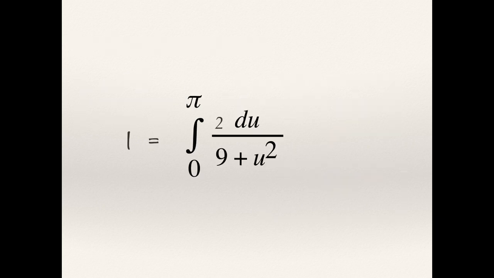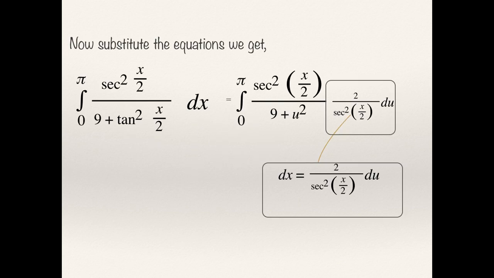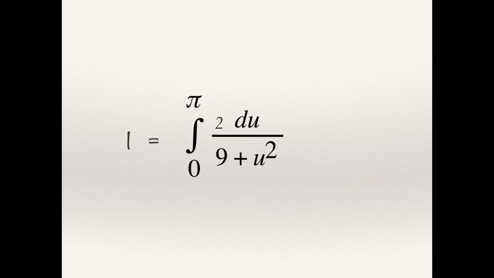After substituting each value, and substituting dx as 2 by sec square x by 2 du, sec square x by 2 and sec square x by 2 cancel each other, and you are simply left with the integral from 0 to pi by 2 of du by 9 plus u squared.